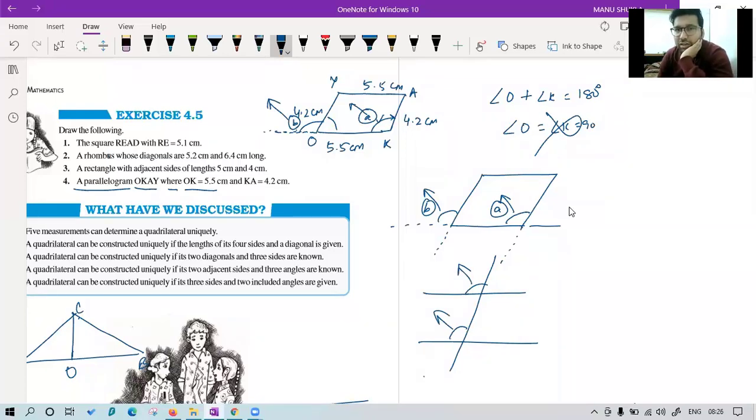Now our only job is to measure this angle and cut the same arc on this side and nothing else. But still the problem is, what will you make? If somehow you know one of the angles, you can make the other also.